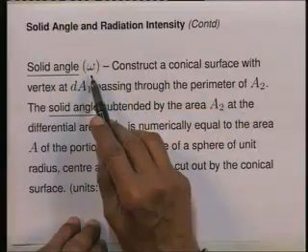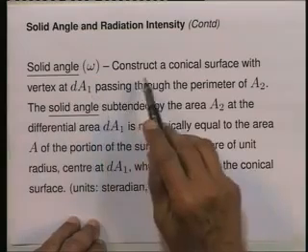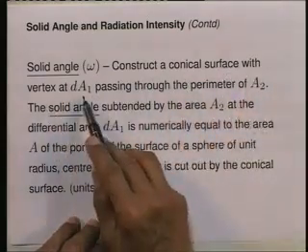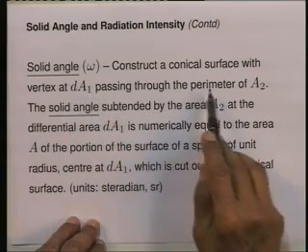The definition of solid angle. Solid angle, we use the symbol omega for it. Construct a conical surface with vertex at dA1 passing through the perimeter of A2.